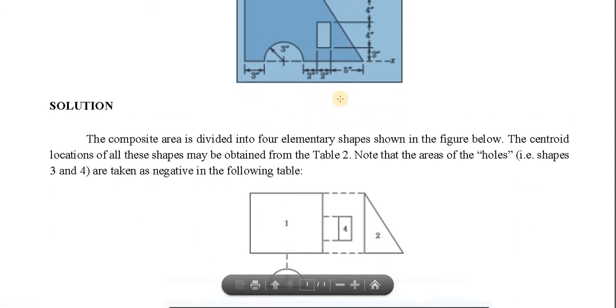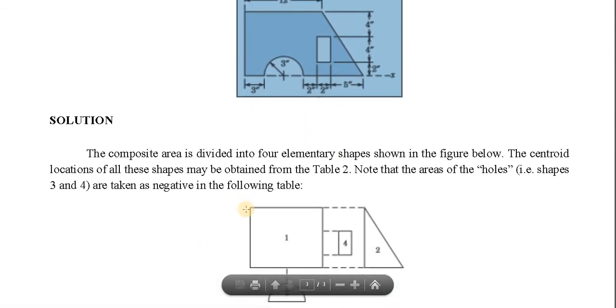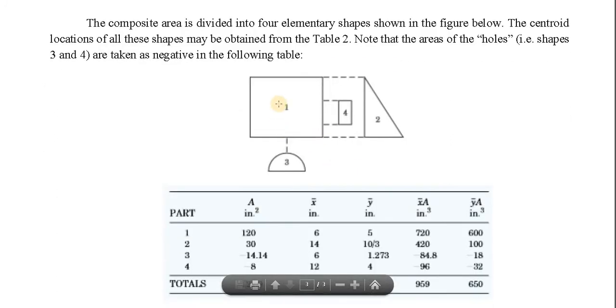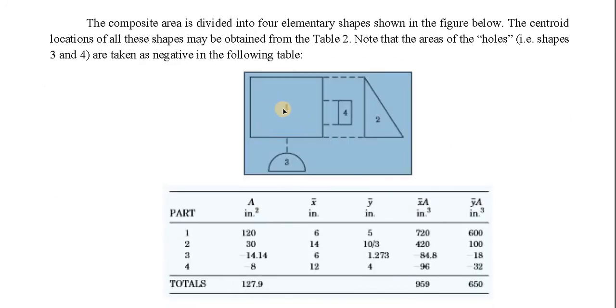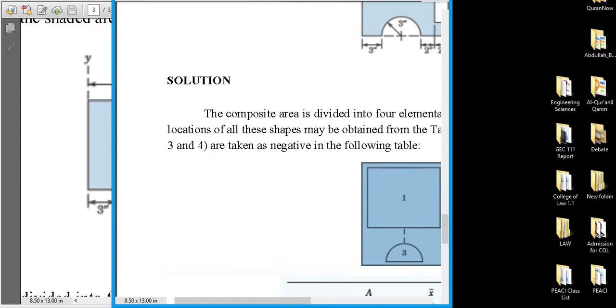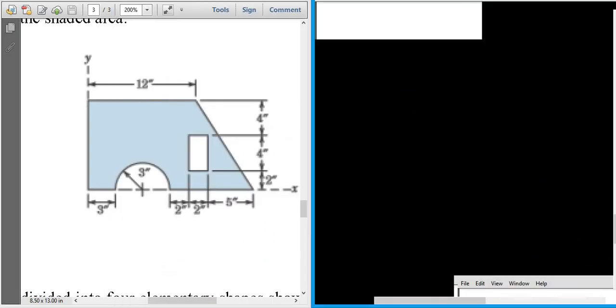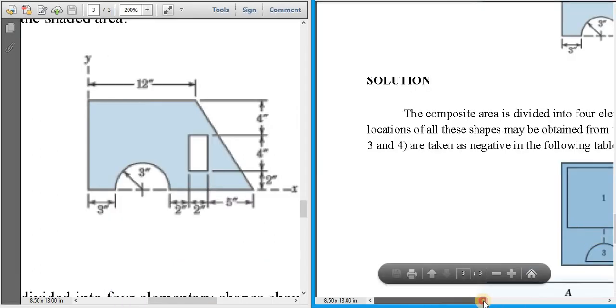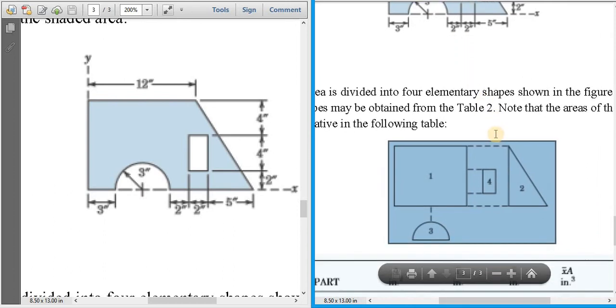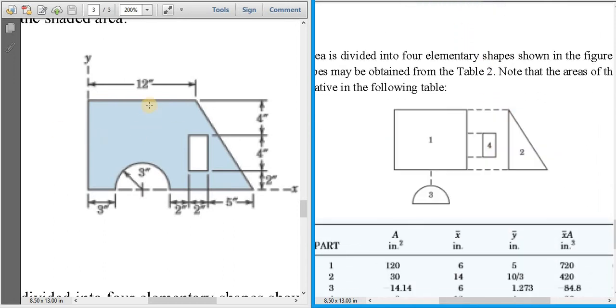As you can see here, you are being asked to locate the XC and the YC. This is our example, right? This is our composite area.